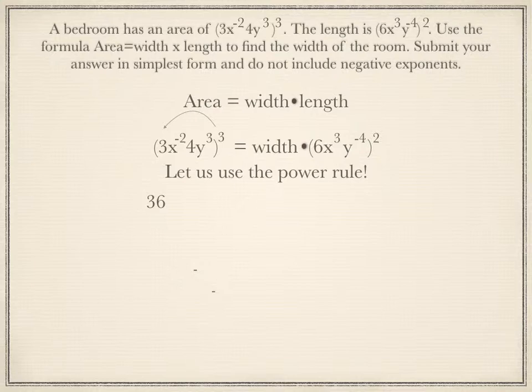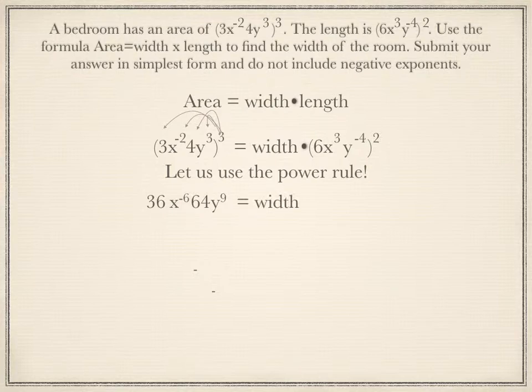So x to the negative second to the third power, we multiply negative 2 times 3 and get x to the negative sixth. We get 4 to the third power, which is 64. We get y to the third power to the third power, we get 3 times 3, which is 9. So we get y to the ninth is equal to width.